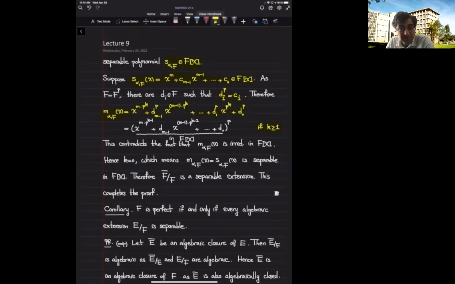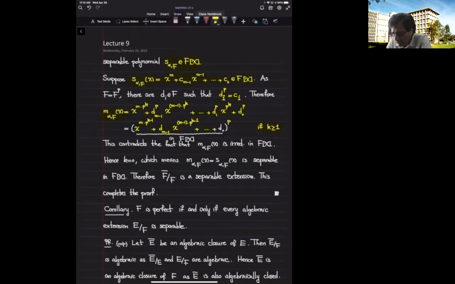Now, because characteristic is prime p, I can pull out this power p and write this as x to power p to the k minus 1, taking one of the p's out. Instead of d sub m minus 1 raised to power p, I just simply write d sub m minus 1, and take one of these powers out, one of the p's out, and continue like that.